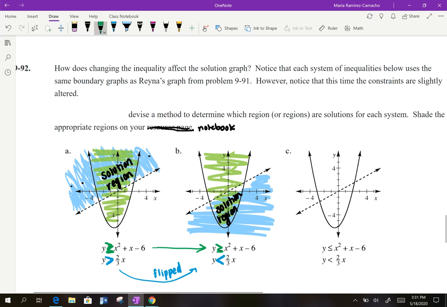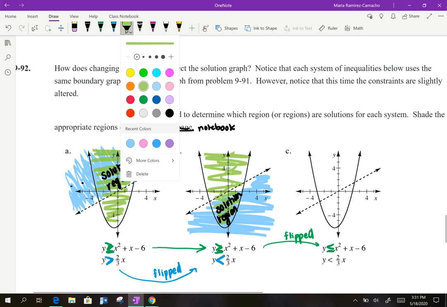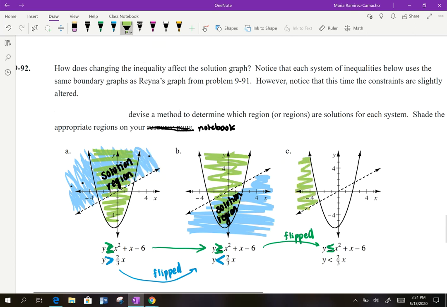And then last but not least, our quadratic inequality has once again changed, has flipped symbols. Here we had greater than or equal to, but now we have less than or equal to. So instead of shading on the inside of the parabola, again, we're going to shade on the outside like we did in the previous problem in 9-91. So all on the outside here. And then the linear inequality has stayed the same.